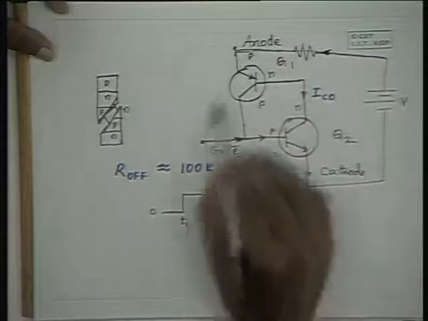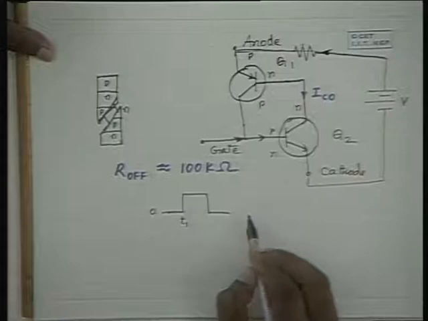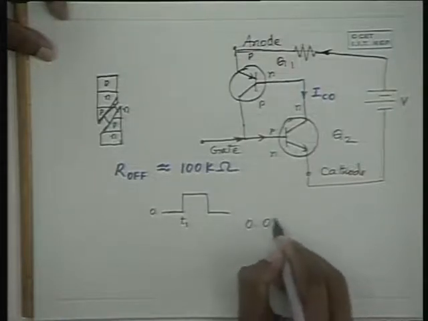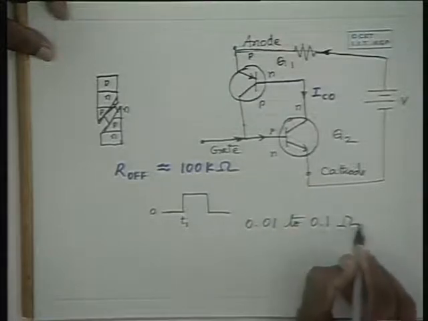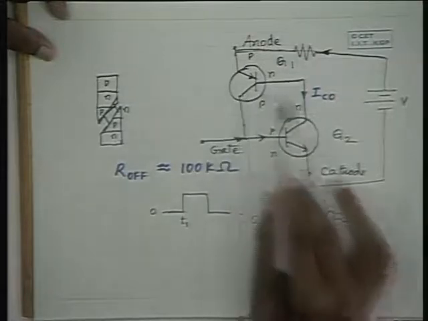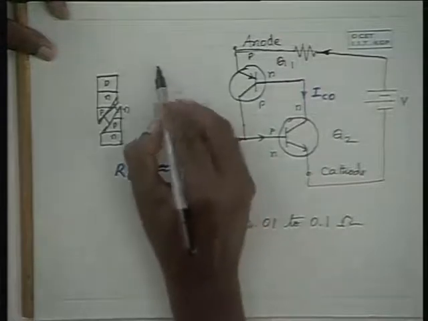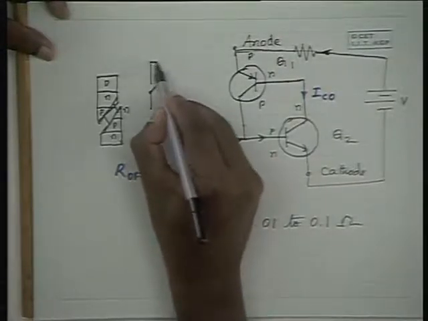And during the on condition, the resistance that is typically offered is of the order of 0.01 or 0.1 ohms, which is very small. Hence, for all practical purposes, it is like a short circuit, and the circuit now acts like this, with the SCR acting like a switch.